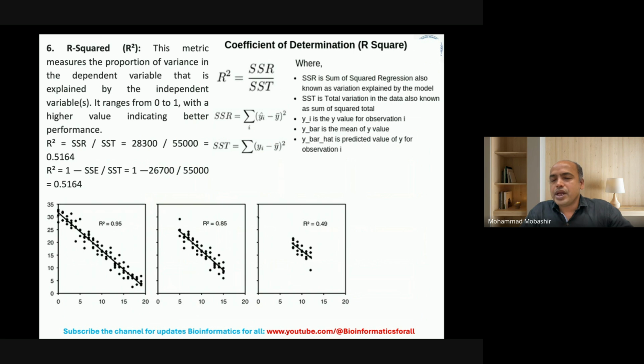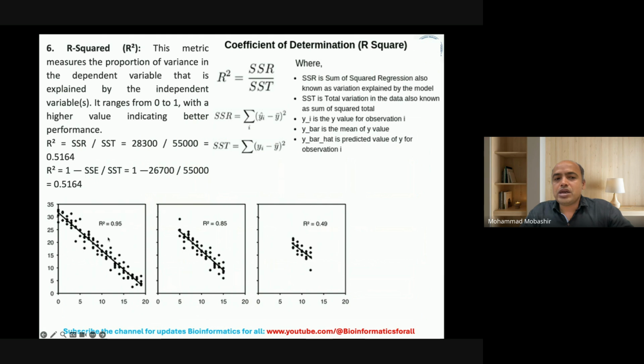So these three terms should be clear with just one presentation. And here you can see these three graphs showing the R squared values and the line fitting things. Now, it can also be seen that the value ranges from 0 to 1, with a higher value indicating better performance.